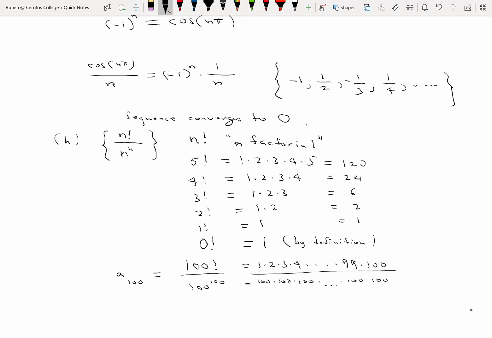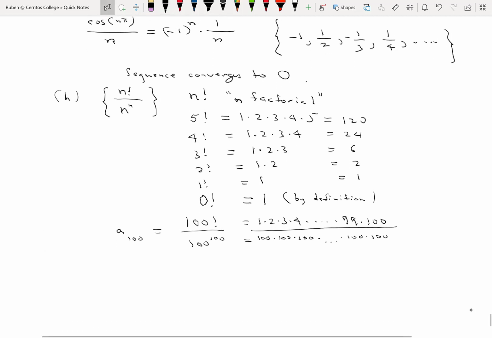The big question is: is the denominator substantially enough larger than the numerator so that this fraction approaches a constant, either 0 or some constant? Okay, so to do this, I'm going to use a trick.